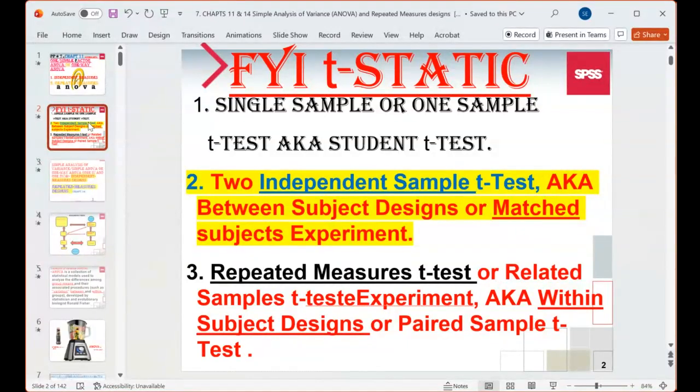But for ANOVA, we use ANOVA when we have more than 2. Your book said 2 or more, but you don't use ANOVA for 2, even though SPSS does it automatically. You use ANOVA when you have more than 2 groups or treatments.